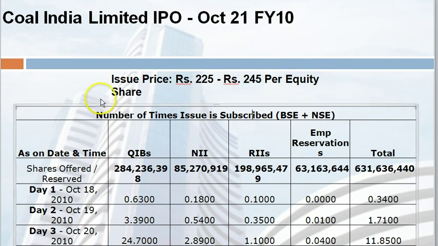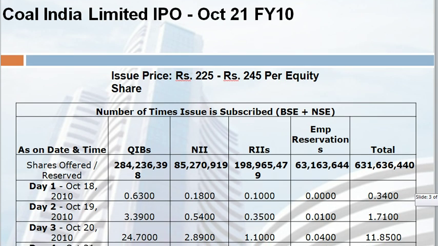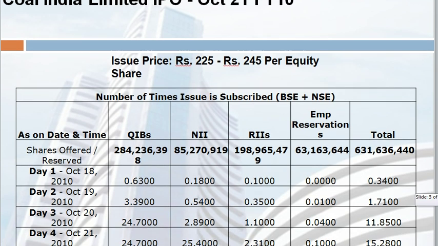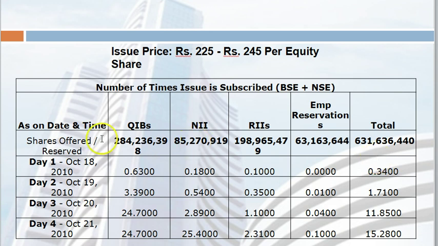The subscription information is open publicly, so you can see how many shares are being issued and how many times it got oversubscribed. This table represents the oversubscription numbers. QIBs are qualified institutional buyers, NII is non-institutional investors, RII is retail investors, and employee reservation, of course, only employees can apply.